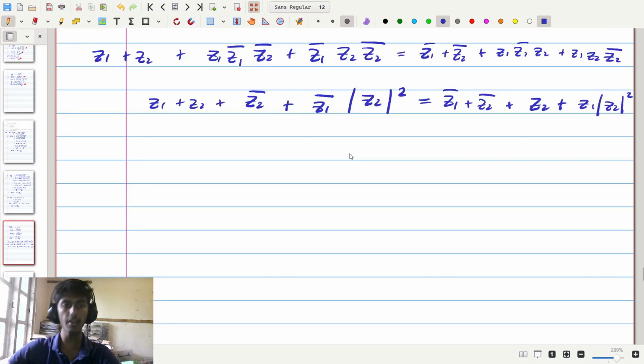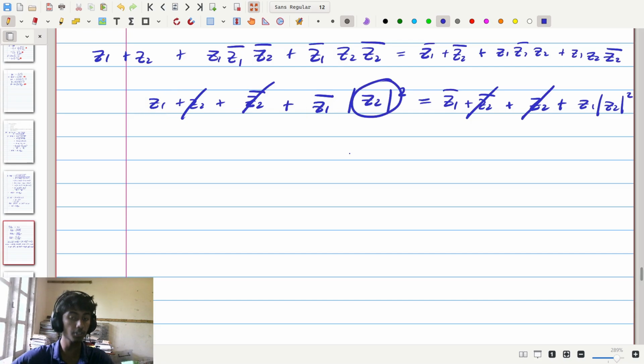Now considering what we have here, on the left side we have Z1, Z2, and Z2 conjugate. On the right side we have Z1 conjugate, Z2 conjugate, and Z2. According to this, we can cancel out this Z2 for this Z2, and this Z2 conjugate for this Z2 conjugate. Then we're left with Z1 plus Z1 conjugate times the modulus of Z2 squared, and on this side Z1 conjugate plus Z1 times the modulus of Z2 squared.